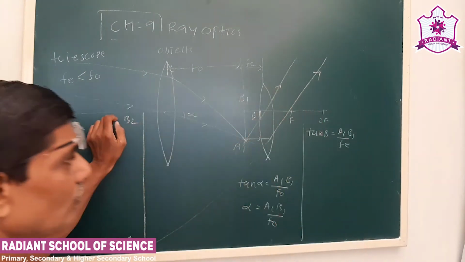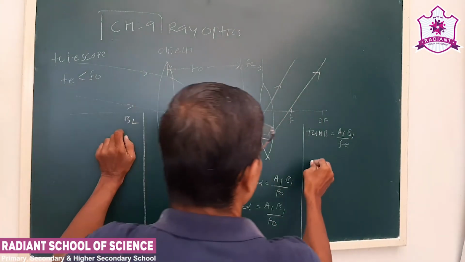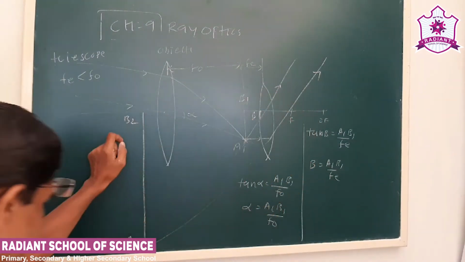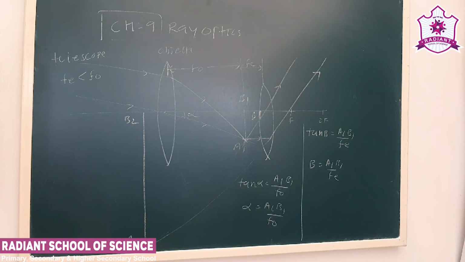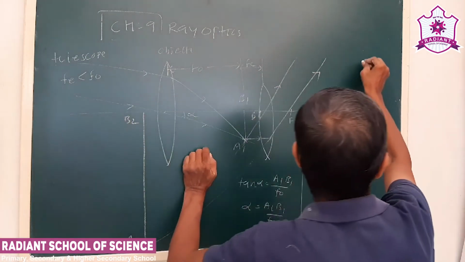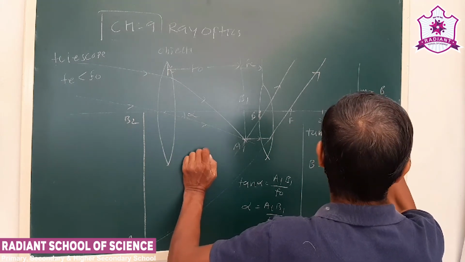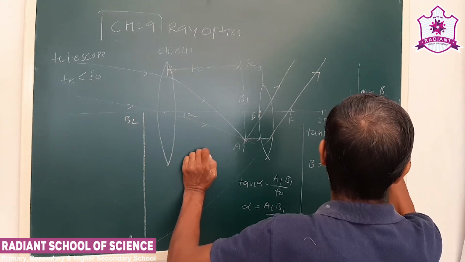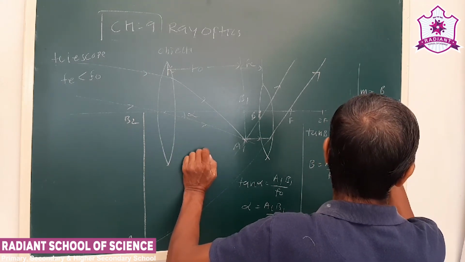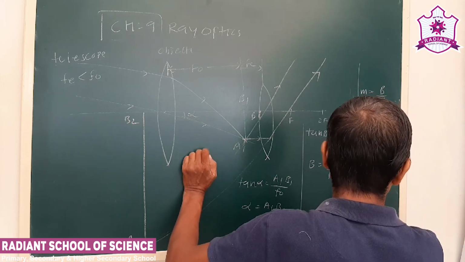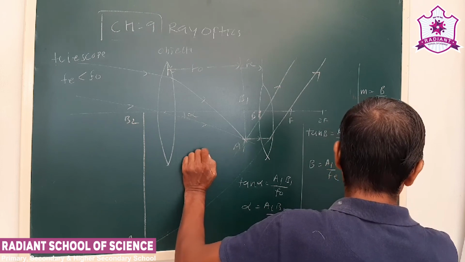What is Fe? The focal length of the eyepiece. So beta we can write as A1 B1 upon Fe. Now the magnification due to the telescope is given as beta upon alpha, that is A1 B1 upon Fe upon A1 B1 upon F0, that is F0 upon Fe.